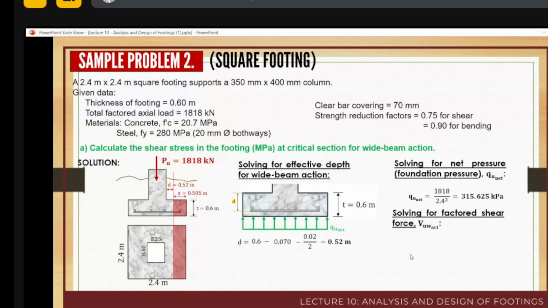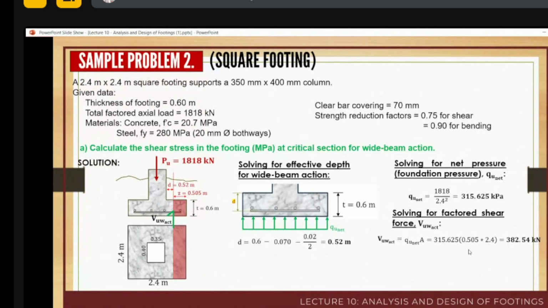To solve for the q net, that is equal to 1818 over 2.4 squared, so 315. Therefore, our ultimate shear capacity for wide beam action is simply 315, qu, times the area for the critical section.